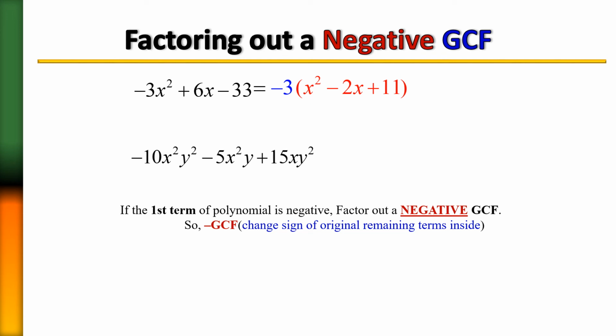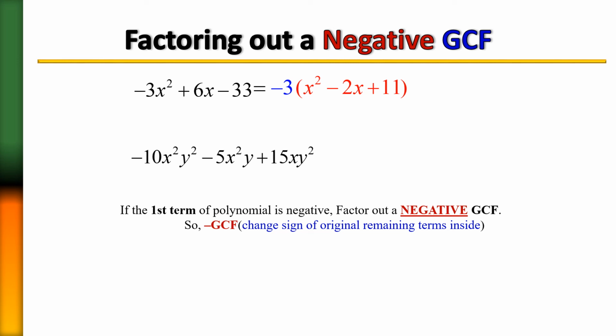So again, in this trinomial, the leading term is a negative, so I want to factor out a negative. I know that 2 times 5 is 10, and 1 times 5 is 5, 3 times 5 is 15, and what I heard in all three cases was a 5, so they all shared a 5 in common.